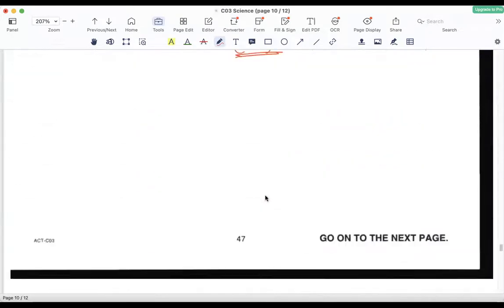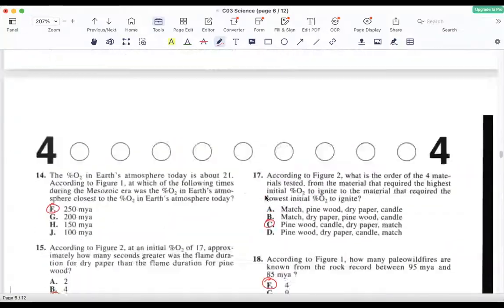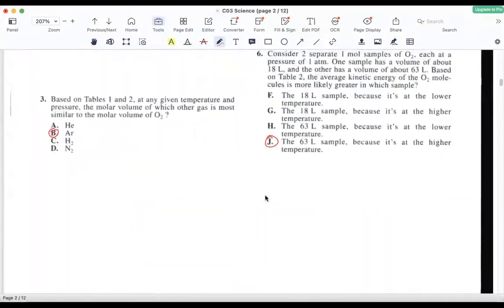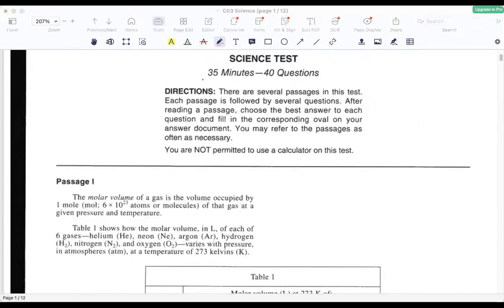Okay, so let's grade this. Question 1. Okay, one second, I'll just pull up the answer key for science.